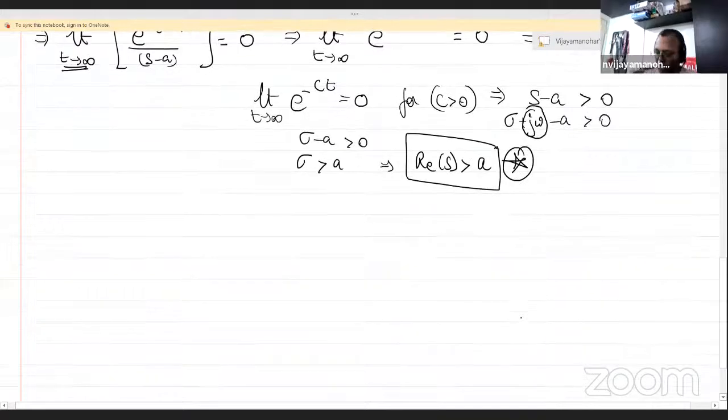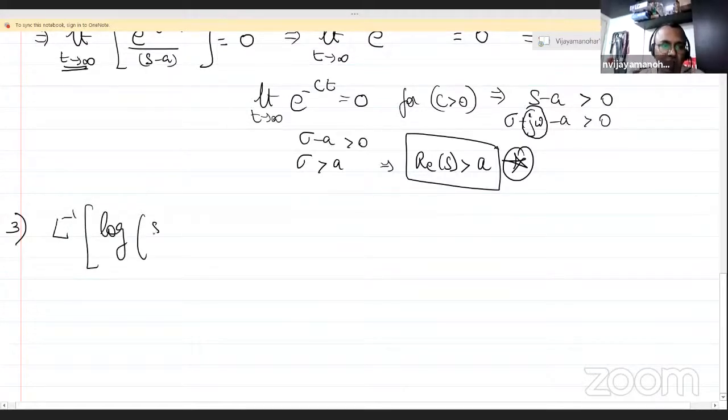Okay. Let us go to the third question. The third question was the Laplace inverse of log of s minus a by s plus a, correct? Let me see quickly.